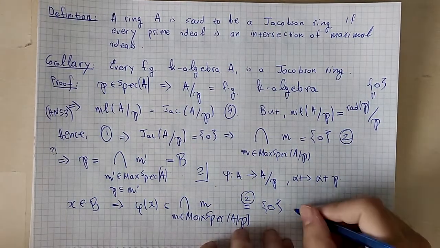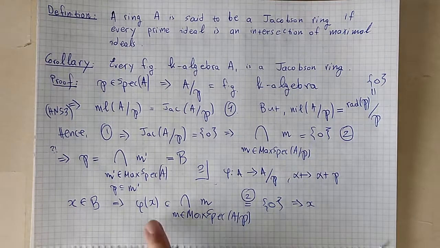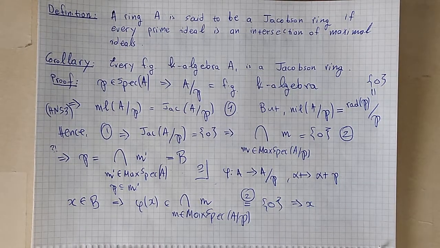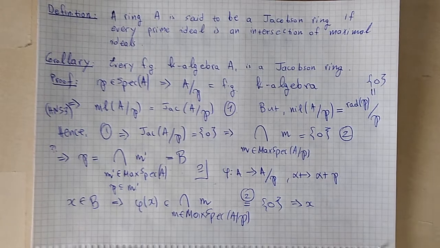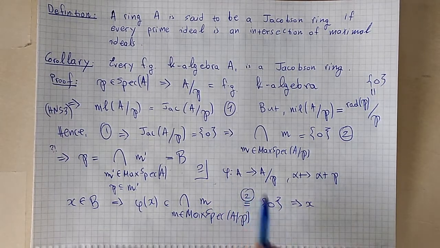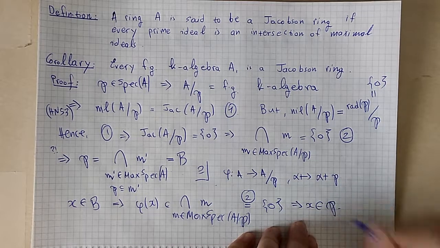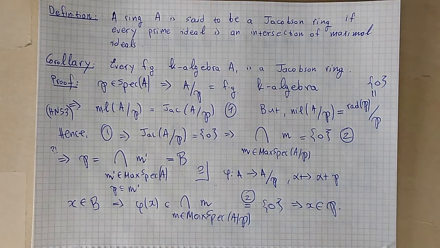So phi of X has to be equal to 0, which means that X is an element of the kernel of phi, but the kernel of phi is exactly equal to P. Therefore, X has to live in P, and we're done.